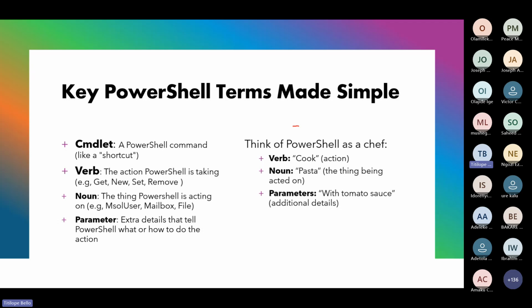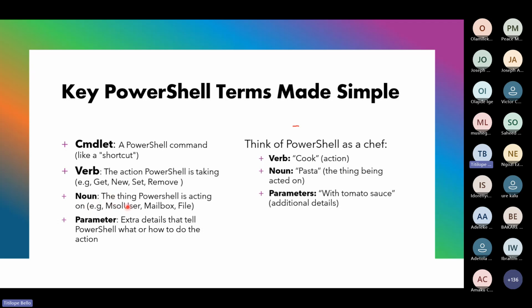You have Set, like setting up your computer after you just purchased it. And you have things like Remove as well. Just like you can create by using New, you can use the Remove keyword to remove an object from Microsoft 365 through the PowerShell command.